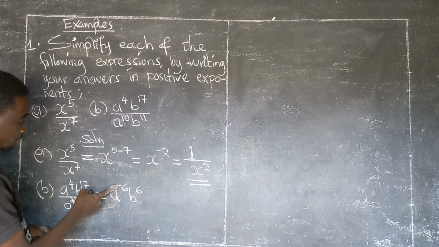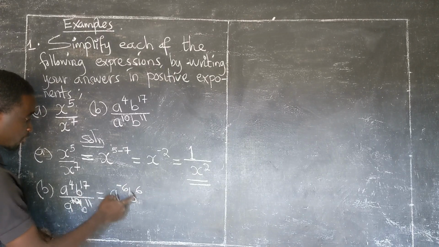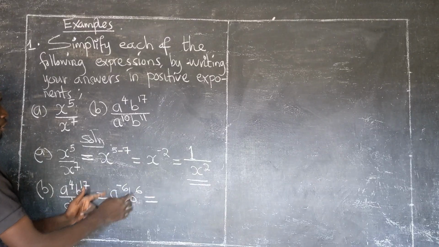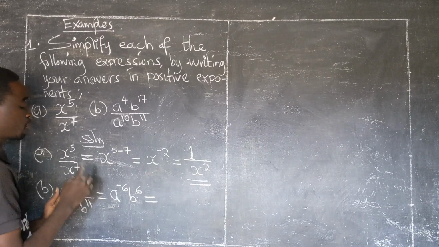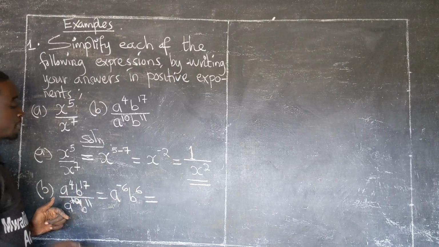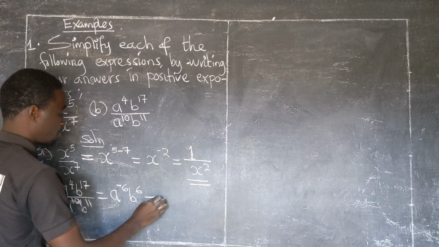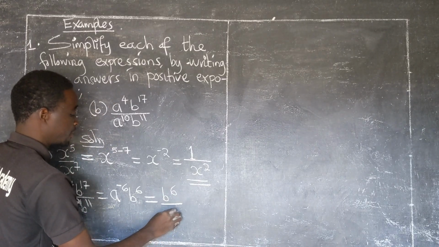So this is a raised to negative 6 times b raised to 6. Now this should be expressed with positive exponents. As usual, to change the negative exponent into positive exponent, we just reciprocate, and the exponent remains the same in magnitude, but in sign it becomes positive. So it will be b raised to 6 over a raised to 6.